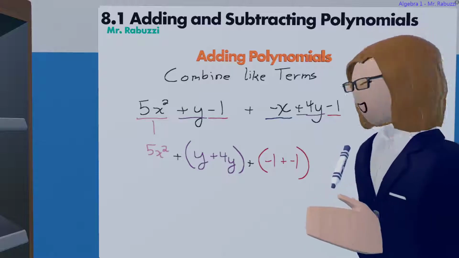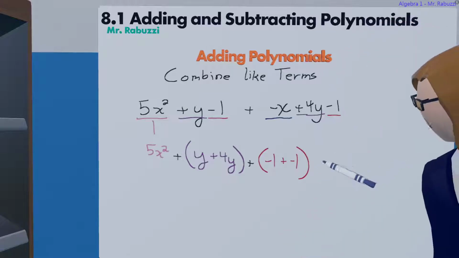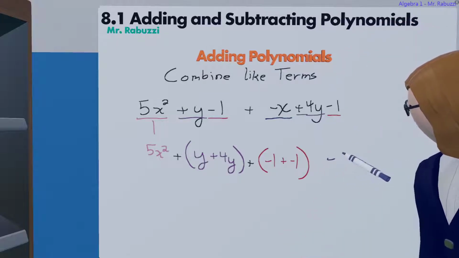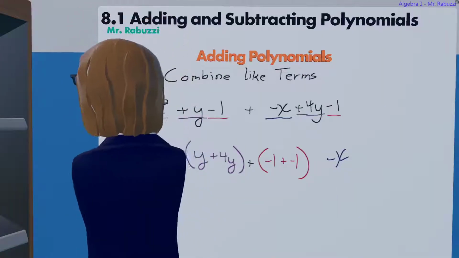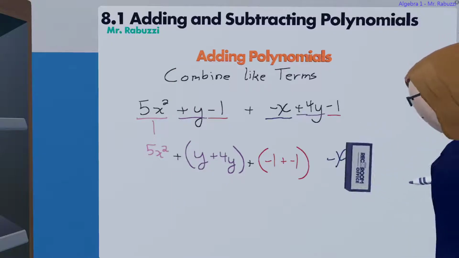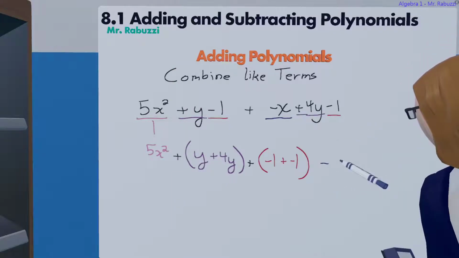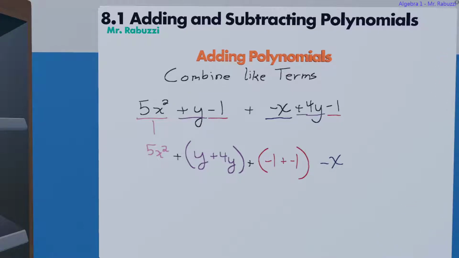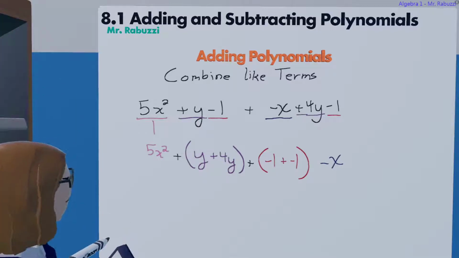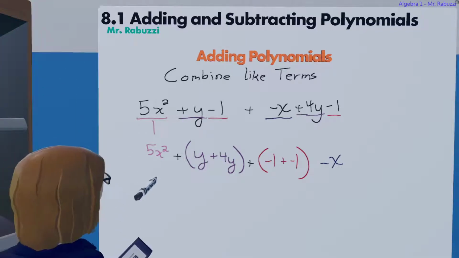They are not like. So we will just say minus x. Okay? All right, let's try simplifying it out a little bit. So we've got 5x squared.